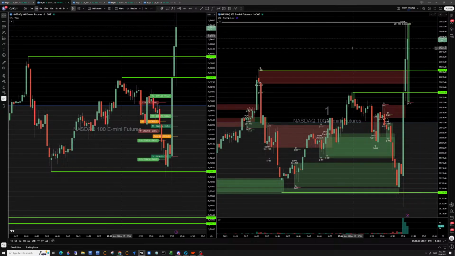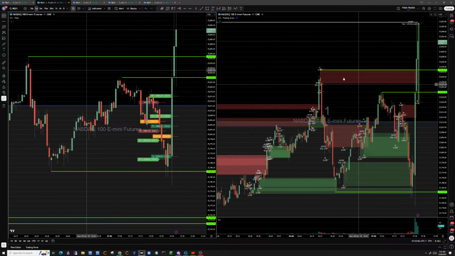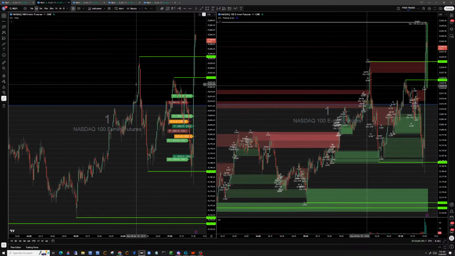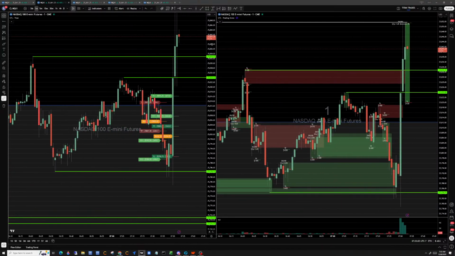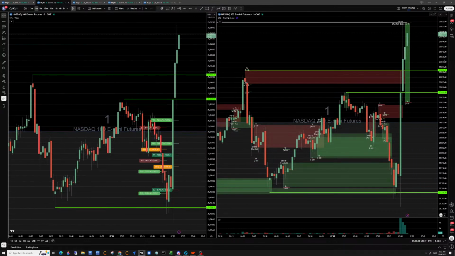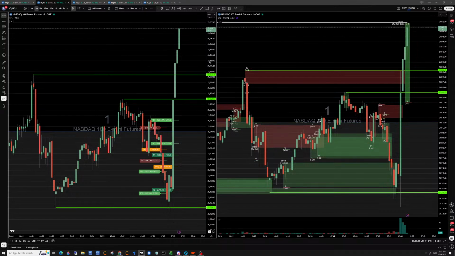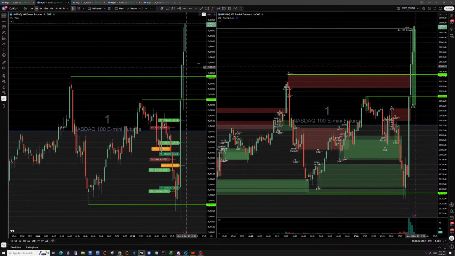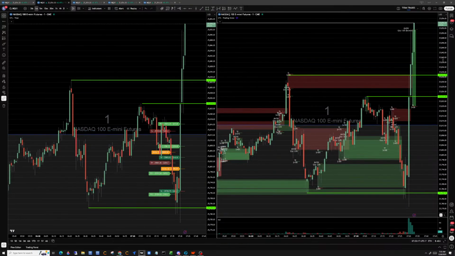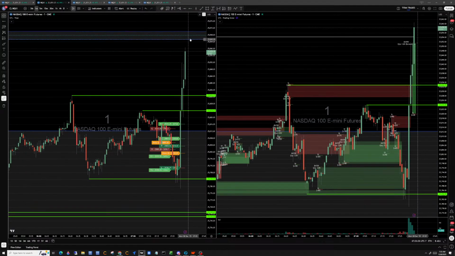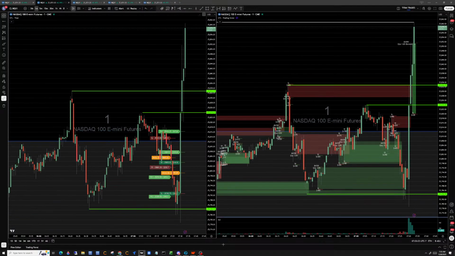So you see, I already have this level marked up, and the other one is about 20 points up here. Whether you're buying, you could think about buying up there in line with what price is doing right now, or you could wait and see how price reacts to this area.